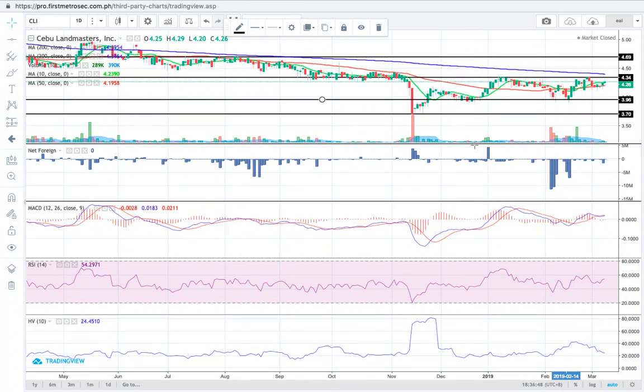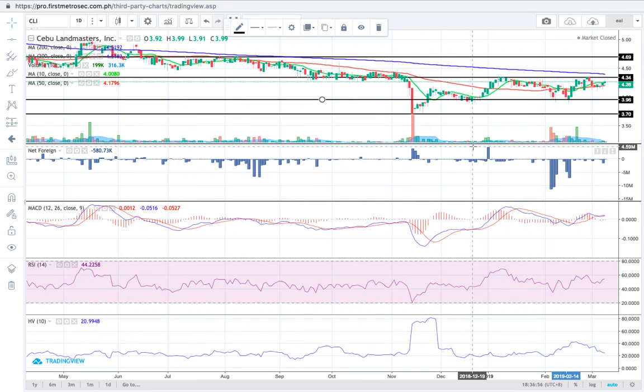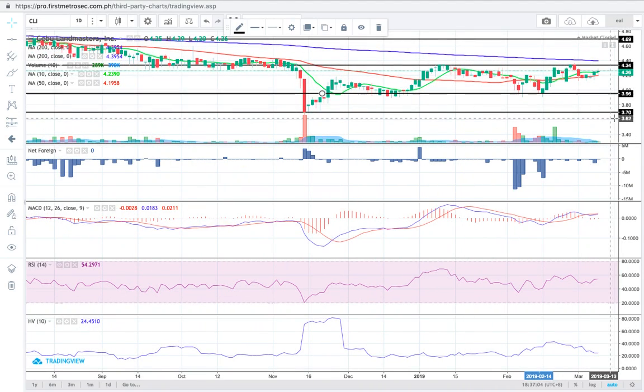The immediate resistance that I see here is near 4.34, while the immediate support is at 3.96. Major resistance is at 4.69. Major support is at 3.70. CLI closed today at 4.26 with an intraday high of 4.29 and an intraday low of 4.20.